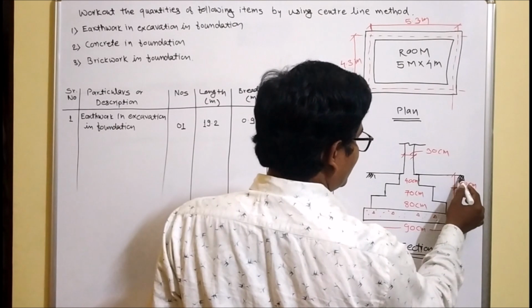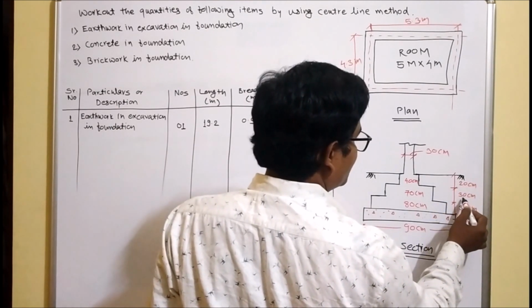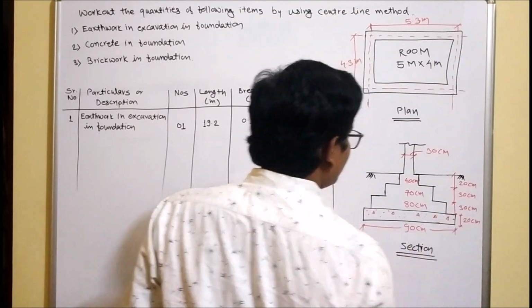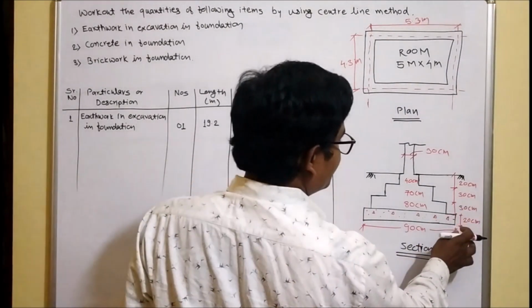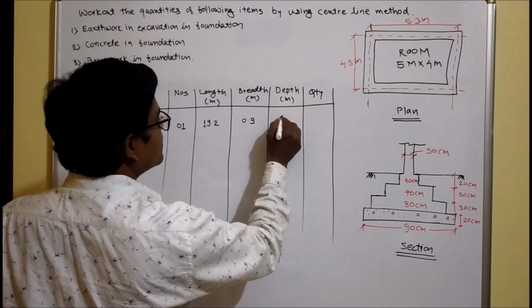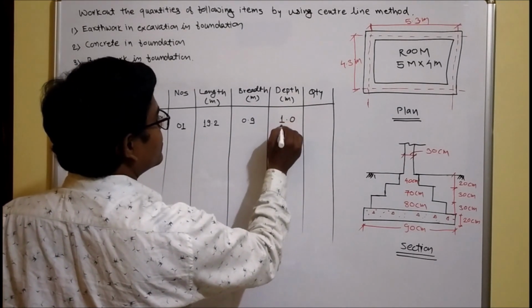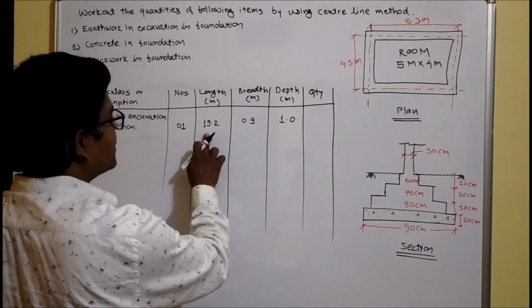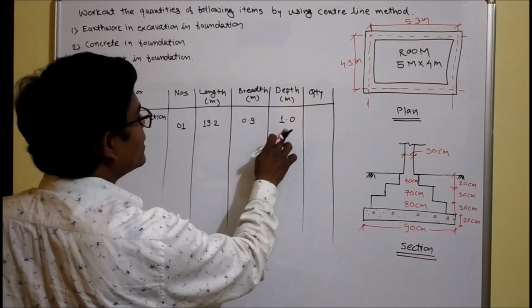So add this one, 20 plus 30, 30 and 20. So it will be 1 meter. After that, multiply this length, breadth and depth.